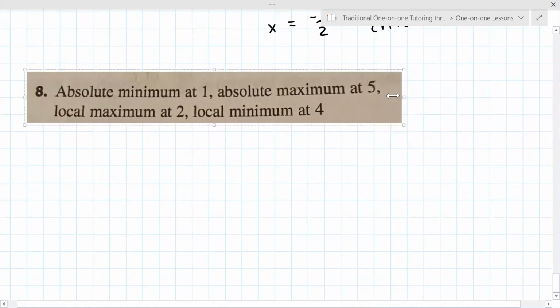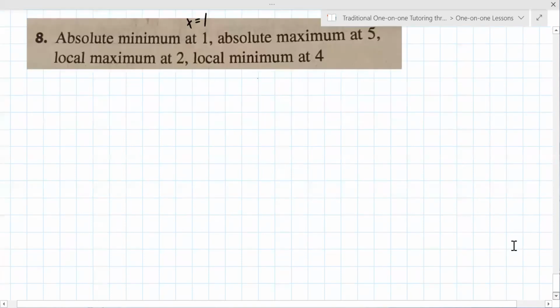All right, a graph has an absolute minimum at 1. These are x values. Absolute max at 5. Local max at 2. Local minimum at 4. So let's draw. You want to get some axes going here.